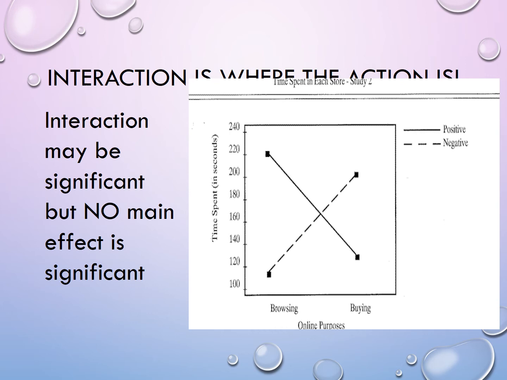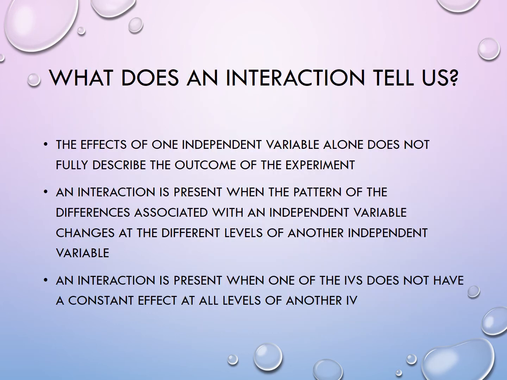So, okay, what does that interaction actually mean? The interaction means that the effects of one independent variable all on its own doesn't fully describe the outcome of your experiment. You can't fully answer the question of what is affecting your dependent variable from one of the independent variables.